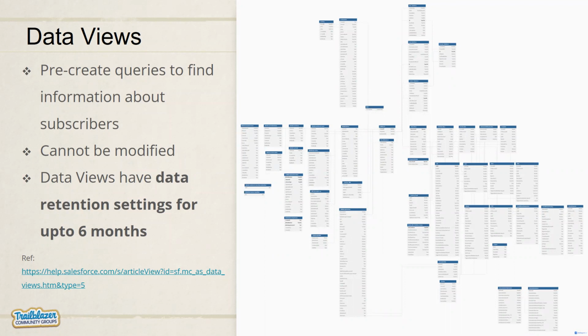6 months is because, as you all may know, that tracking data grows very fast. You are sending maybe not millions of, but at least thousands of emails every month on an average, depending upon your business model or depending upon whatever campaigns you are driving.